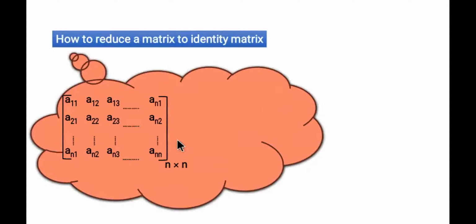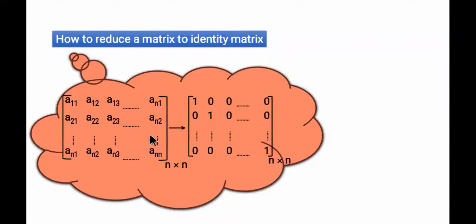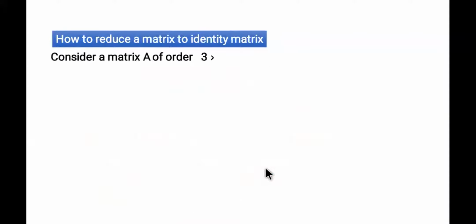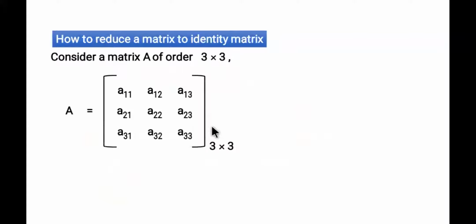Suppose you have this n cross n matrix with you, and you need to convert this n cross n matrix into an identity matrix of the same order. So I'm considering a 3 cross 3 matrix over here purposely. In this matrix you need to convert it into an identity matrix.